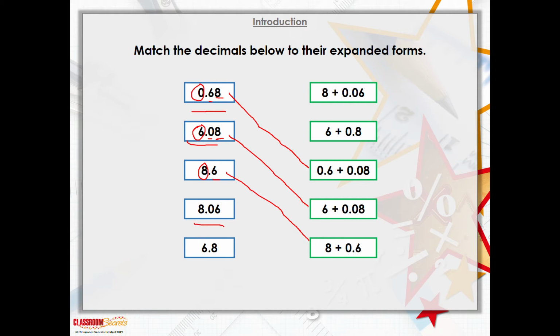This one here, I'm looking for 8 whole numbers, no tenths, but I'm looking for 0.06, it's just up here. And then the final one, 6 whole numbers, I'm looking for 0.8 because that represents 8/10, just here.